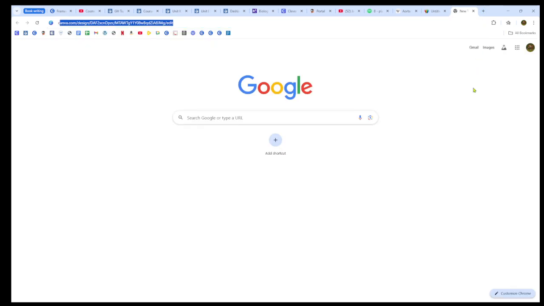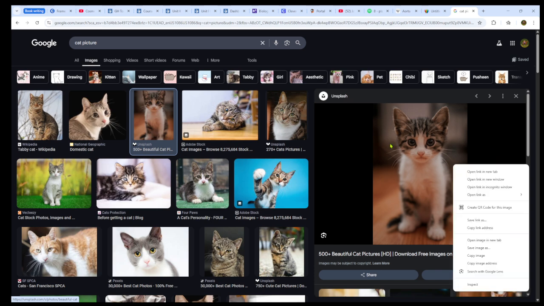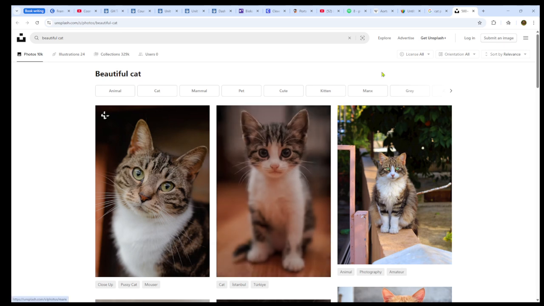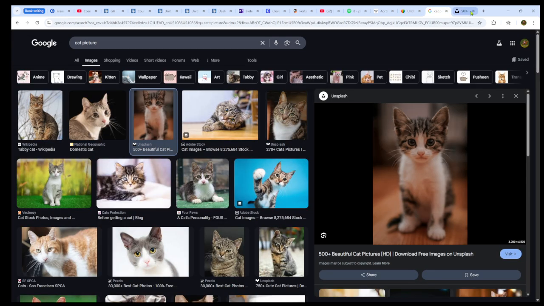So, using my example of my cat image, we have a little cute cat right here, and we want to input it into AI. We want to give it to ChatGPT and say, what is this? How does ChatGPT recognize it?